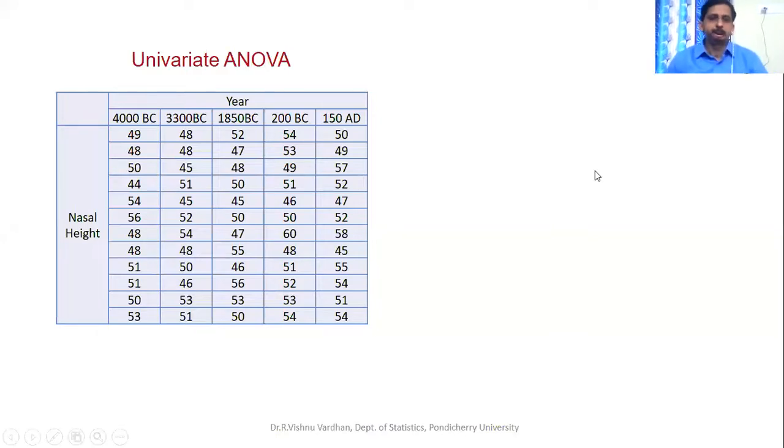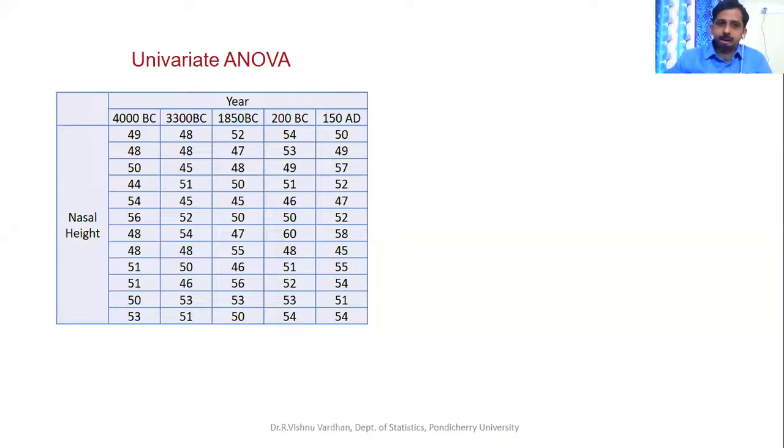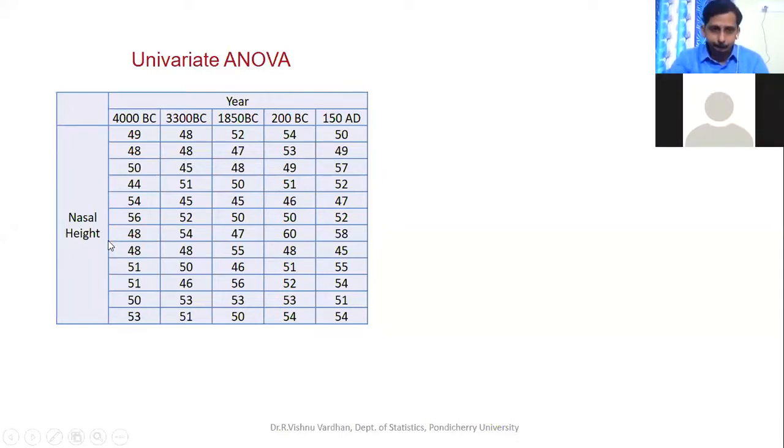Just a recall for a minute: we have taken the pond data where we have pH levels of four independent ponds. Then we started gradually increasing the data design. Here I am taking a very well-known example data set, the Egyptian skull data.